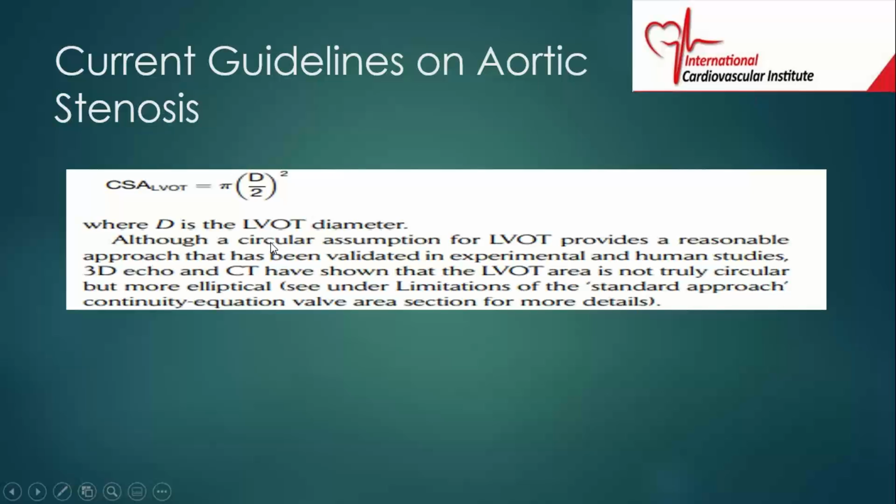Although we assume that the LVOT is circular, when we look at three-dimensional studies and CT, it is not really circular, it's more elliptical. But since we're using a mathematical formula, the area of a circle is pi r squared. So r is diameter divided by 2, and you square that.